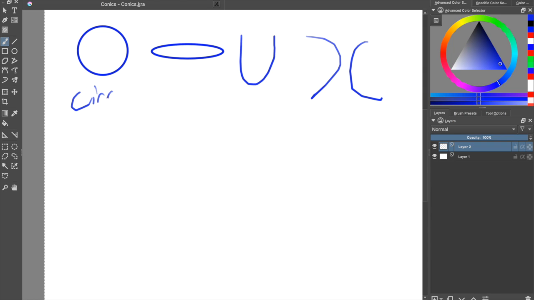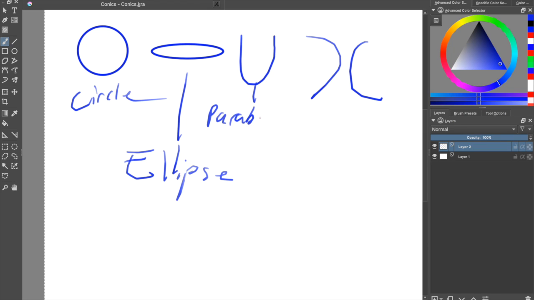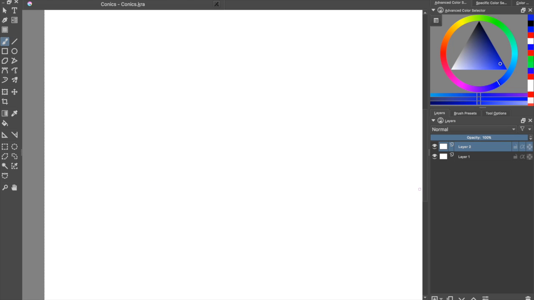Circle, ellipse, parabola, and a hyperbola. Very nice. So we're going to go on a step-by-step analysis of each of these shapes.